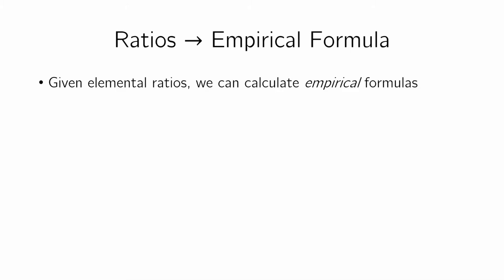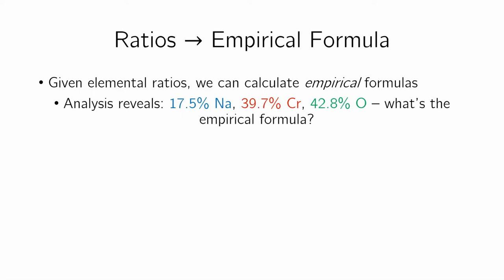The empirical formula just tells me the mole ratio of the elements within my compound. That's all. I'm going to be able to find this based on gravimetric analysis, so the weight analysis of my compound.